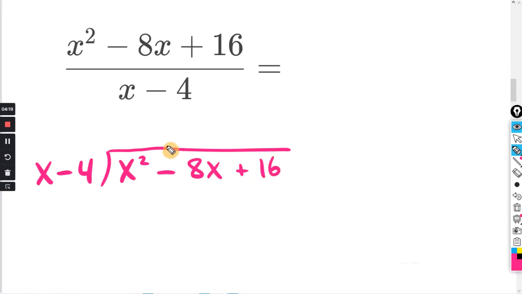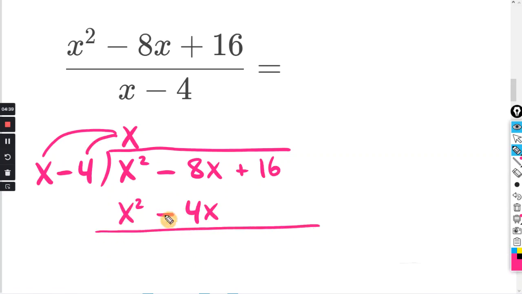All right, so we're going to say what times x will give us x squared? Well, that's just positive x. Okay, distribute that. X times x is x squared. X times negative 4 is negative 4x.